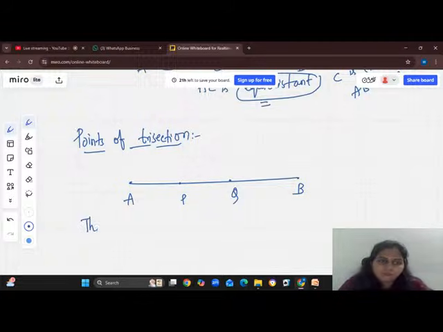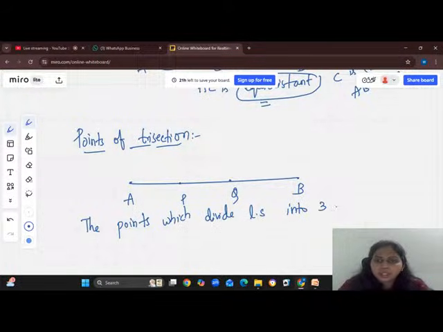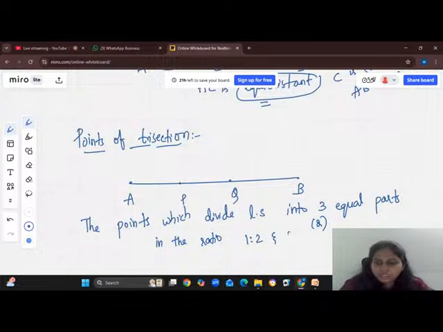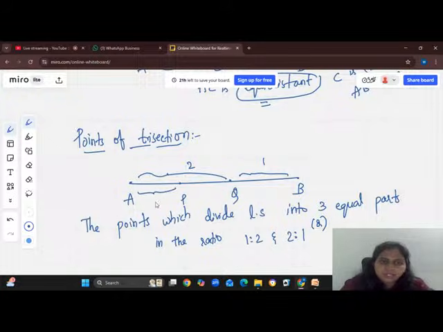If you have book, please note down: the points which divide line segment into 3 equal parts, or in the ratio 1:2 and 2:1. Either they can make this complete part as 2 and this part as 1, or sometimes they will make this as 1 and this complete part as 2. 2:1 or 1:2. This is called as points of trisection.